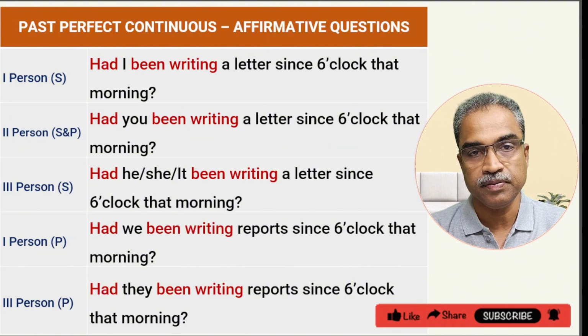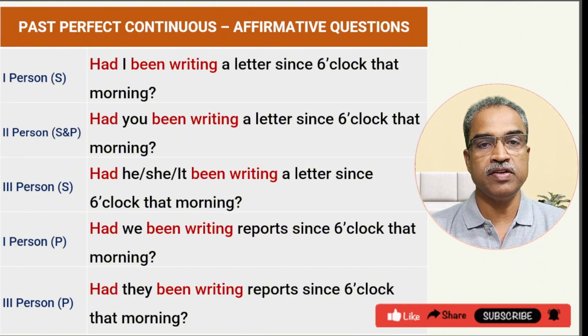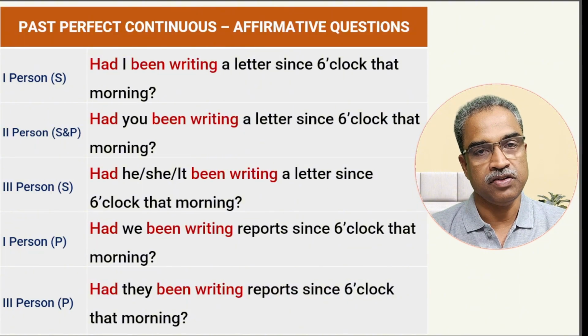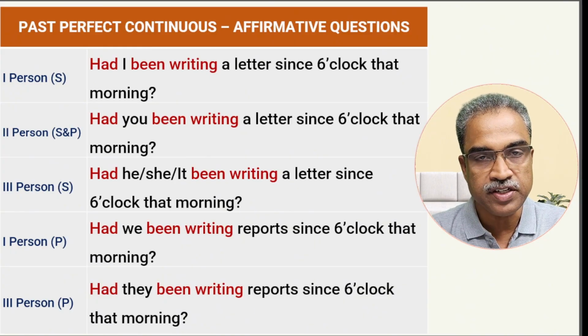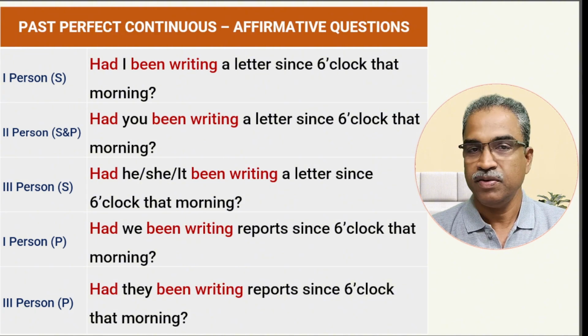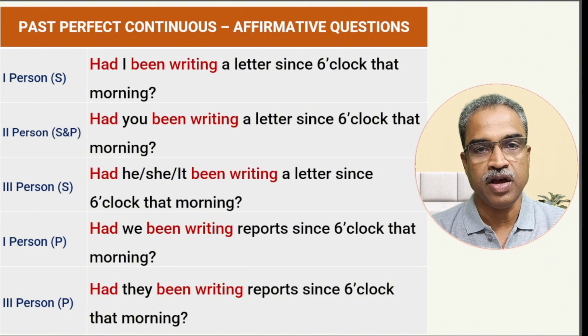That's the question. Now coming to third person singulars. He had been writing, she had been writing, it had been writing. Now it changes into had he been writing? Had she been writing? Had it been writing? Okay, that's simple. You know now how it is working out here.